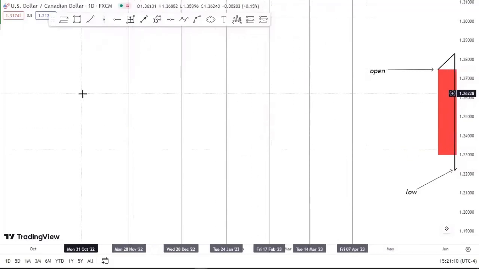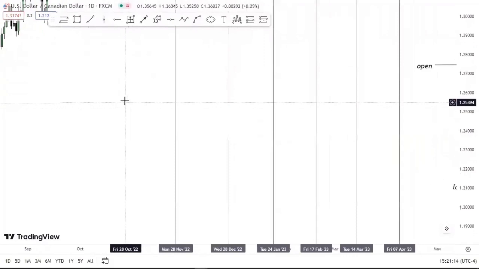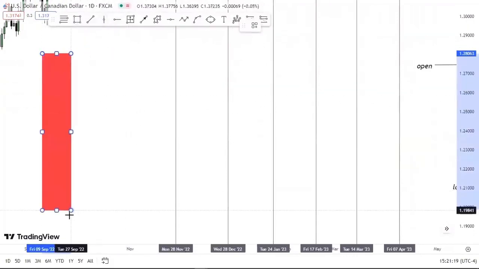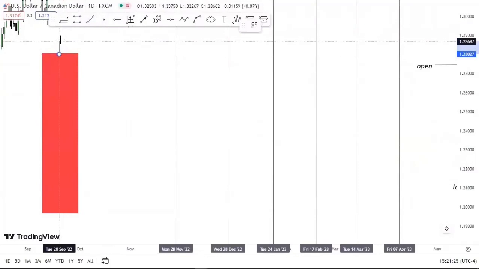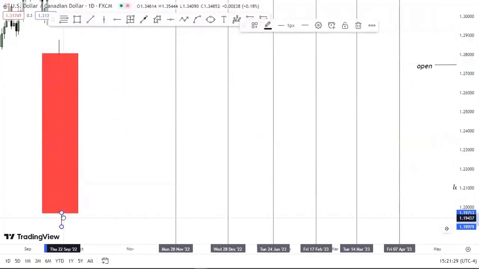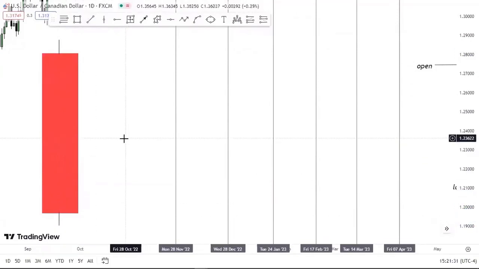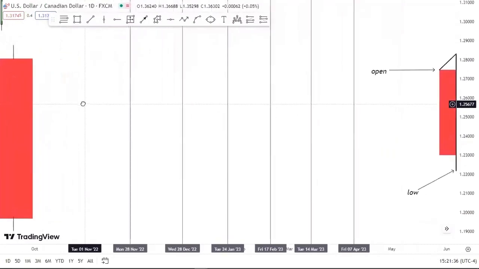So on the weekly time frame, what you see is the formation of a single bearish candlestick. The typical bearish week. On the weekly time frame, what you see is the formation of a single bearish candlestick.